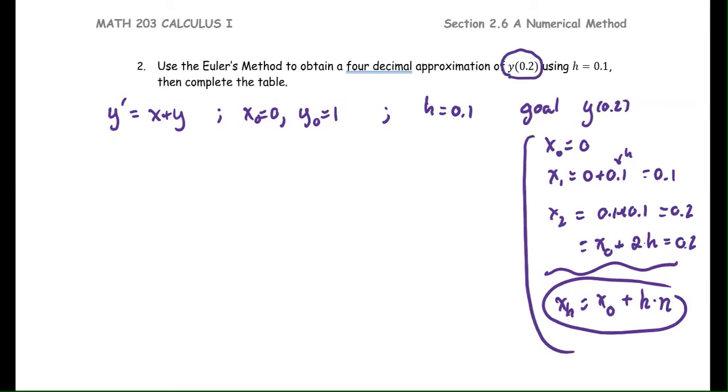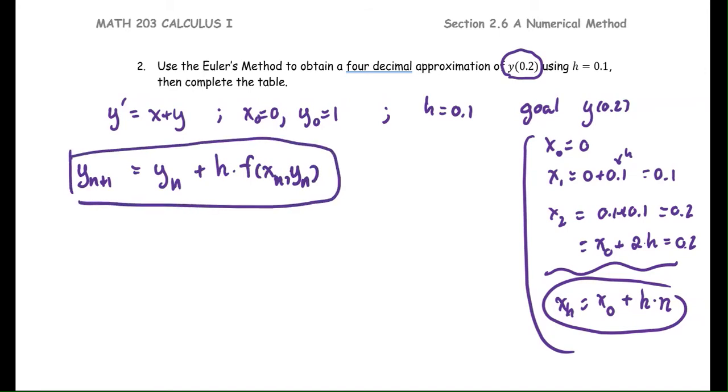So back to the problem here. From Euler's method, the formula is y n plus 1 equals y n plus h, the step size, times, I put the h first, yeah, it's easier to manage the numbers when we calculate, and multiply by the function at x n, y n. Okay, from this we know f of x y is x plus y, and h is 0.1.